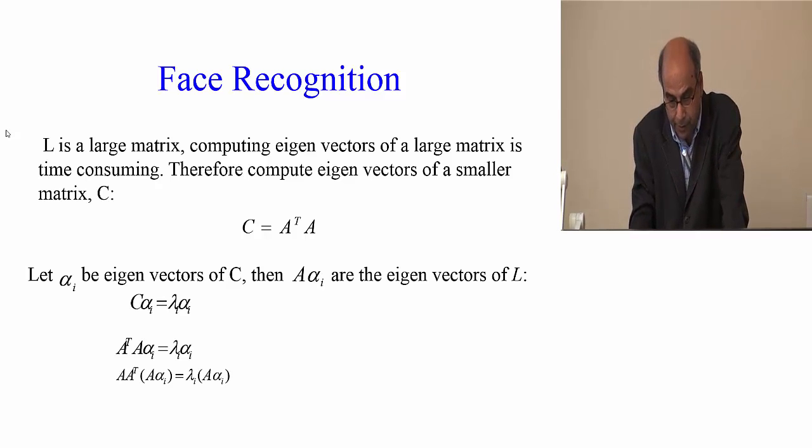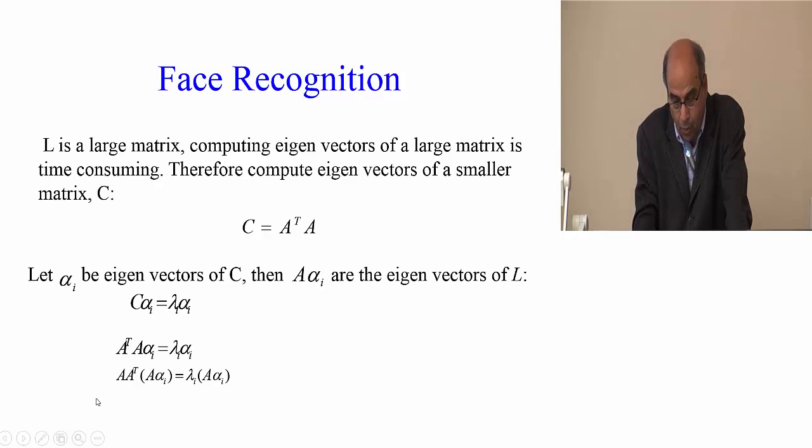The next thing we are going to do is multiply A on both sides. Now this lambda I is a scalar, so we can just take it out.